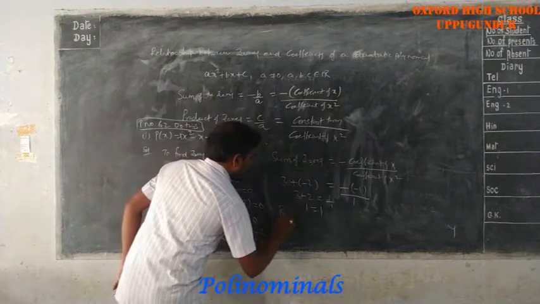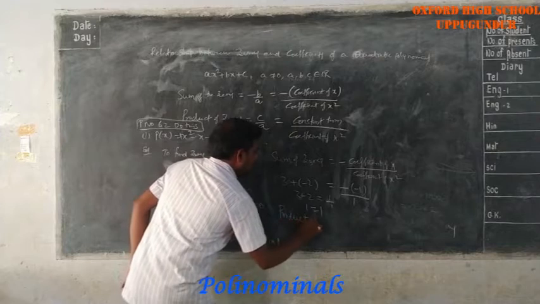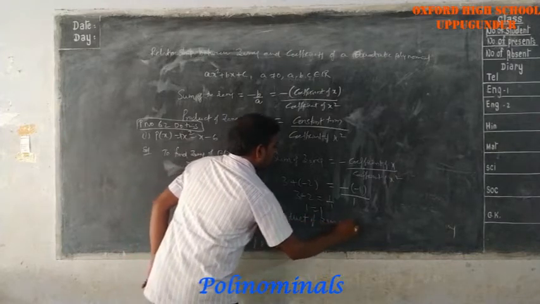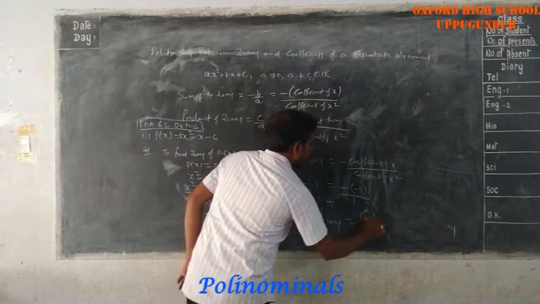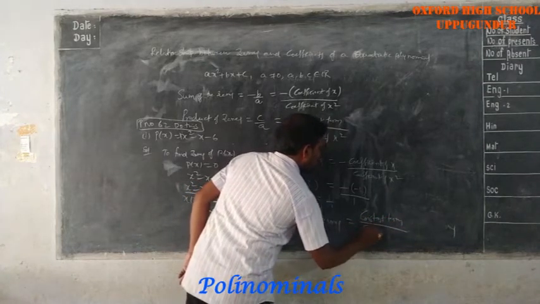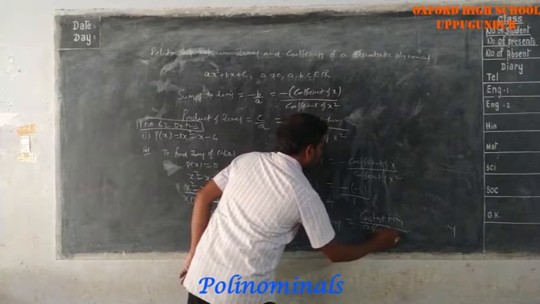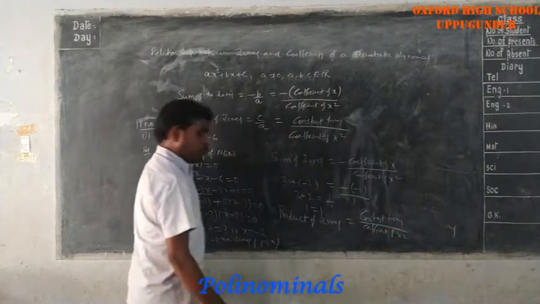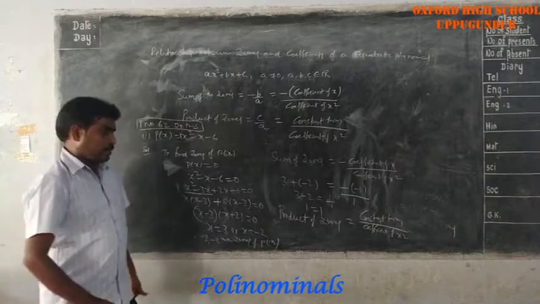Next, product of zeros equals constant term by coefficient of x square. What is the product of zeros here? 3 and minus 2.